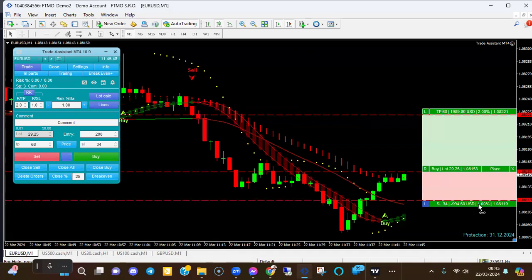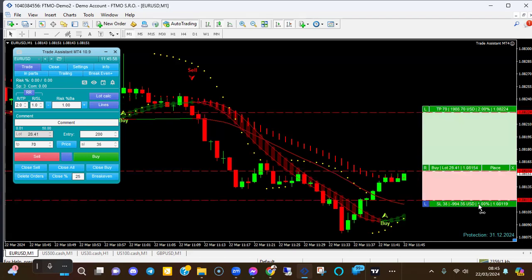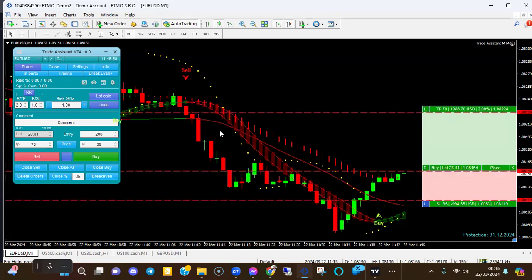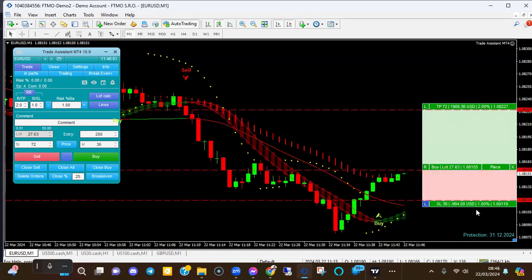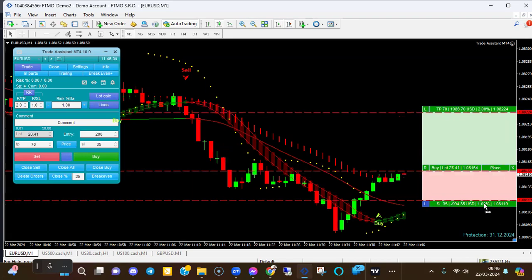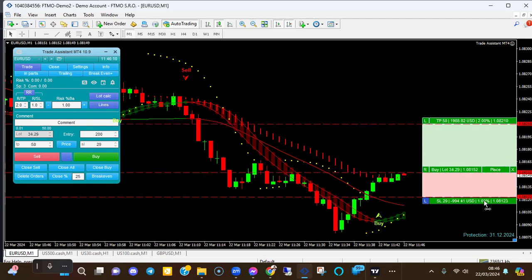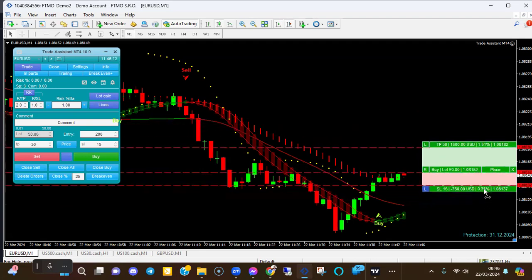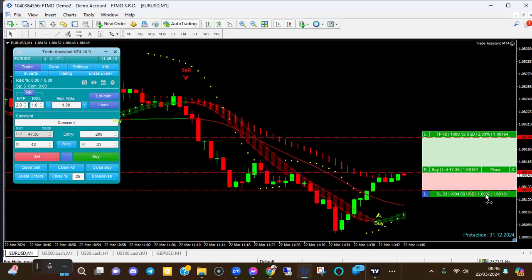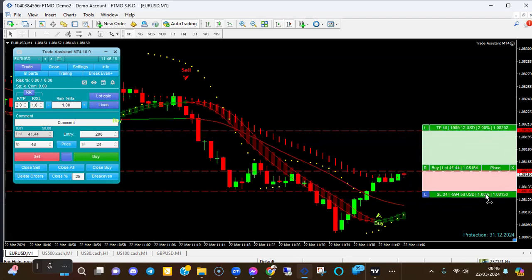Sometimes it's like that. It's not all straightforward. Although the technical red, red, red for a sell, green, green, green for a buy takes out a very, very big majority of your guesswork and your technical ability to be able to trade.